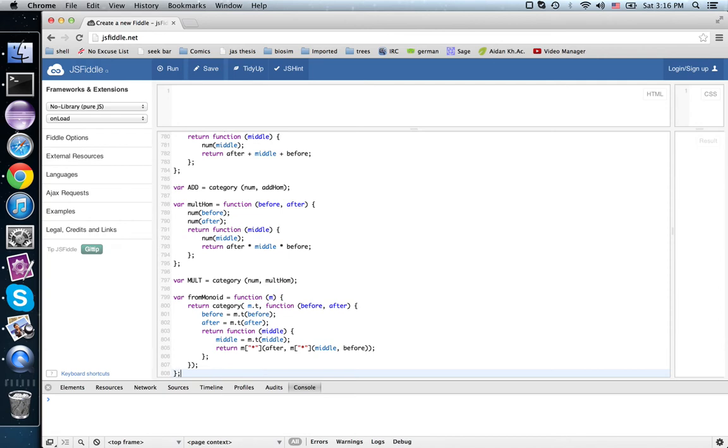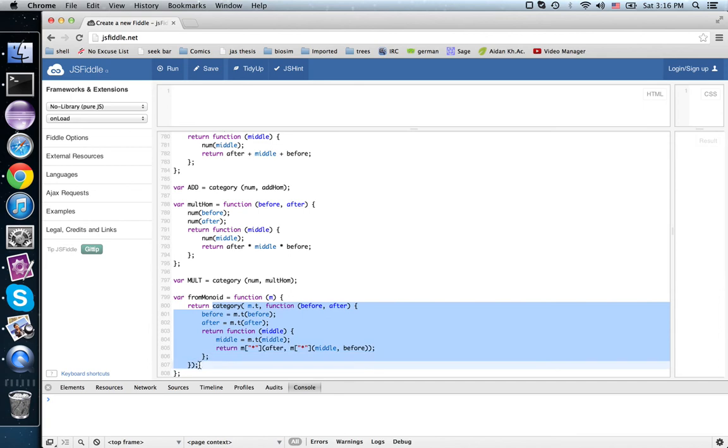There. So now given any monoid, M, we can construct a category from it whose morphisms are the elements of the monoid and whose composition function is simply the times function here.